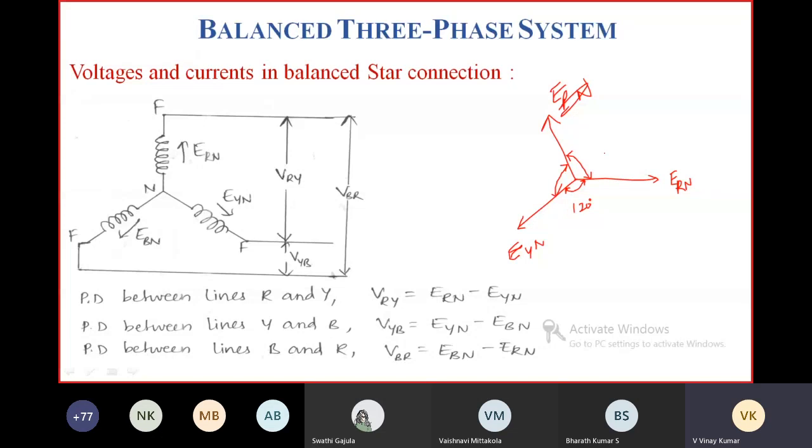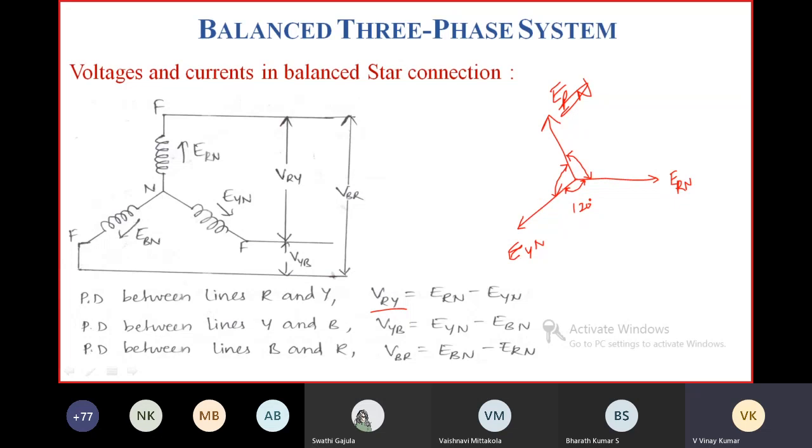How can I draw line voltage? What is line voltage? VRY is the line voltage. VRY is the phasor sum of ERN and minus EYN. So this is ERN, and I have to draw minus EYN.